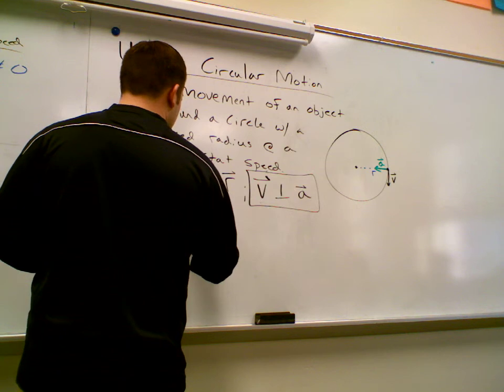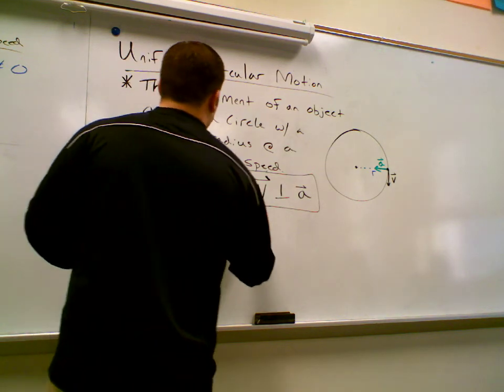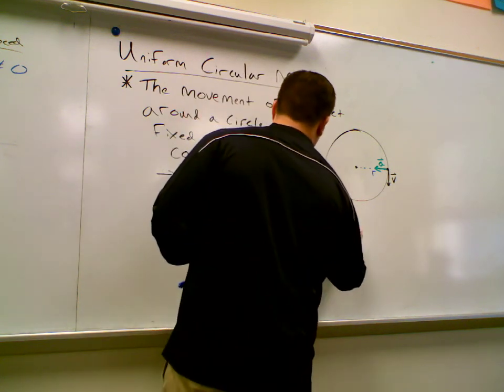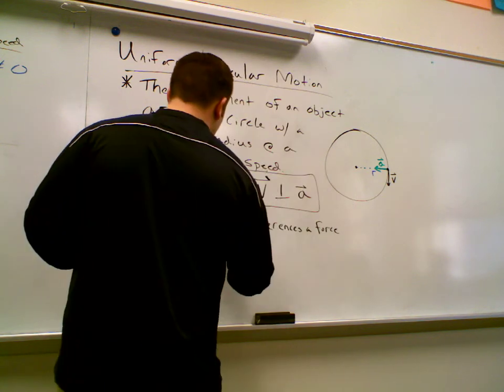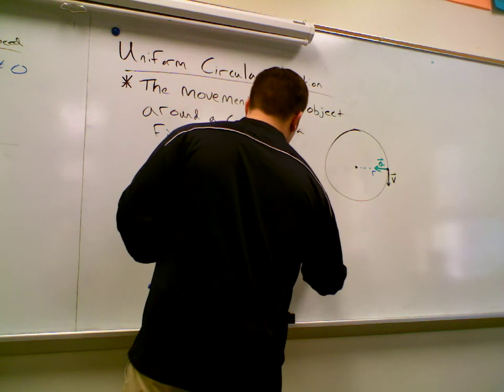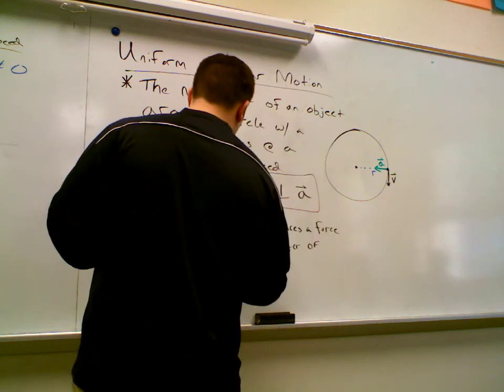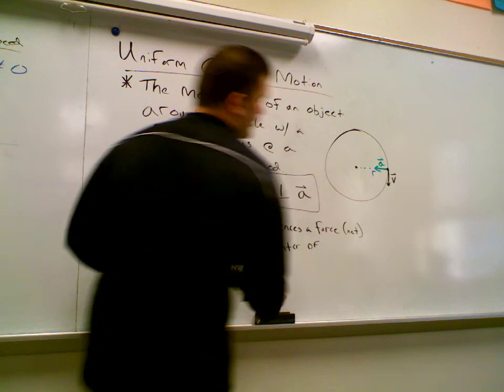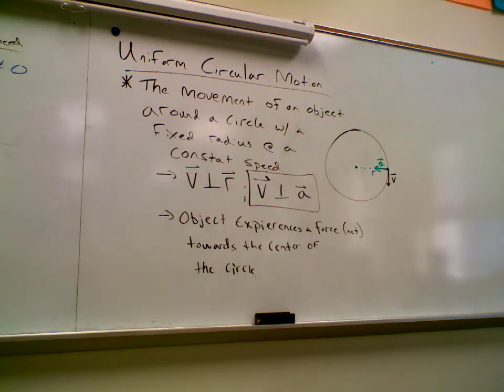The object experiences a force towards the center of the circle. We'll put in parentheses net. Hopefully that gets you thinking about Newton's second law. So the object experiences a force towards the center of the circle. Does that make sense?